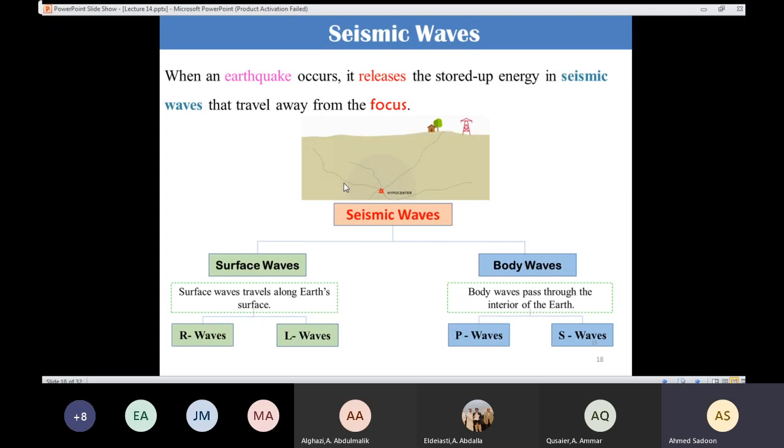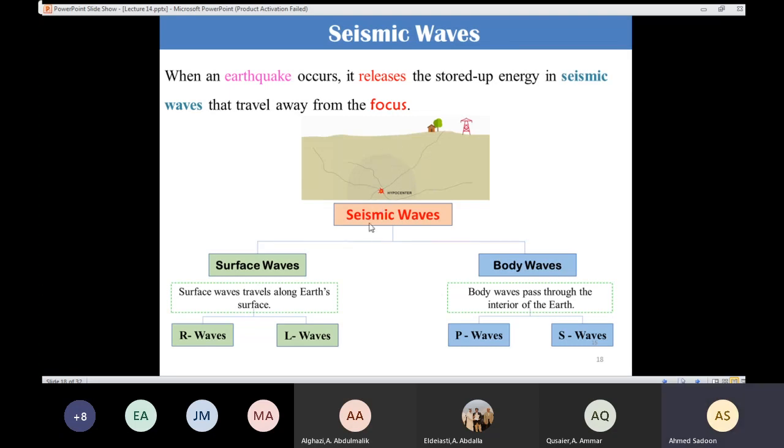And we are going to classify the seismic waves into surface waves and body waves. If it's surface waves, it means that the movement is going to take place here at the surface. If it's body waves, it's going to take place here in the body of the Earth.